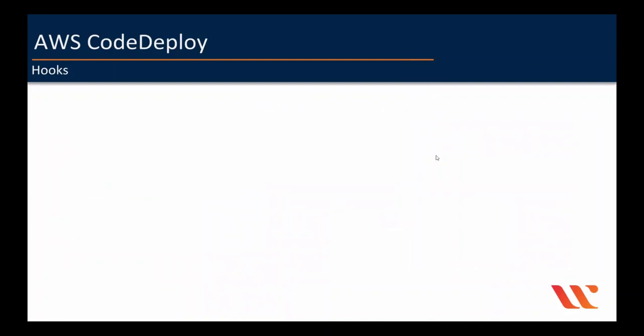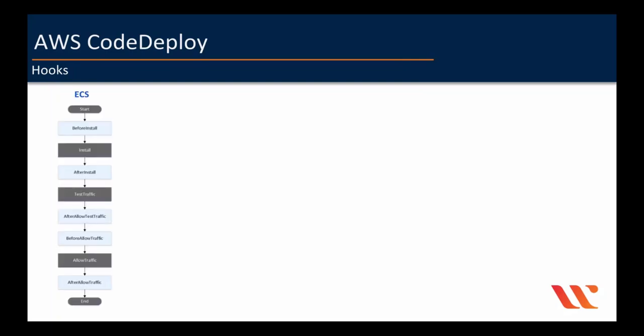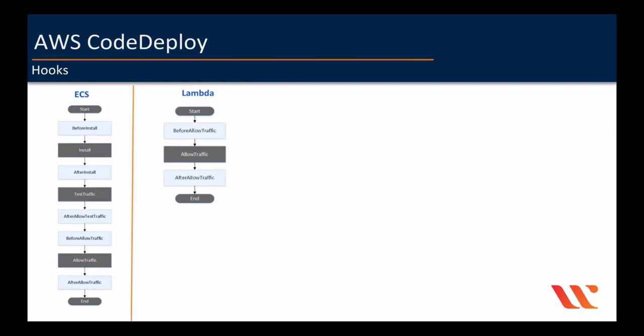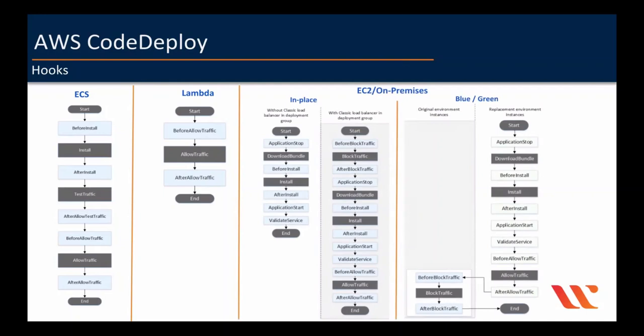Now, let's briefly take a look at the hooks available for us to be provided in the AppSpec YAML file. So these are the hooks available for ECS, and these are for Lambda, and these are for EC2 and on-premises instances.